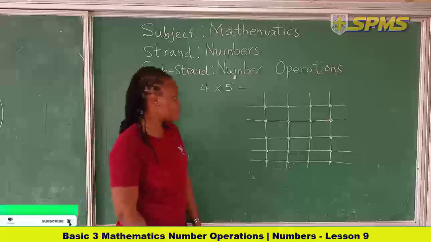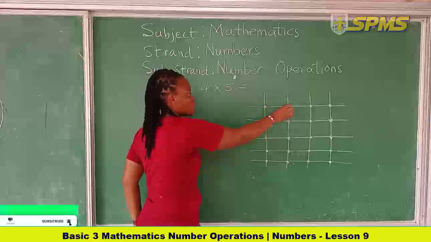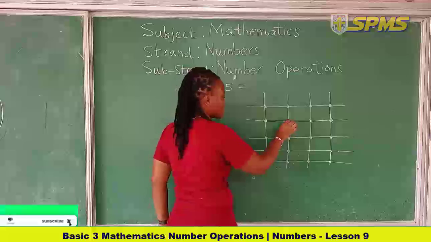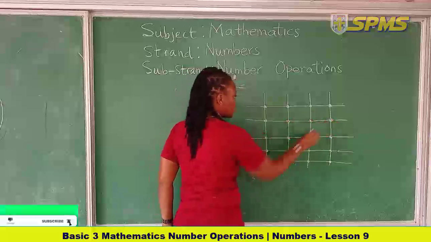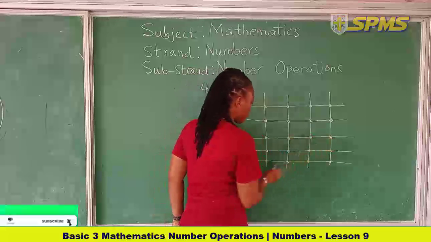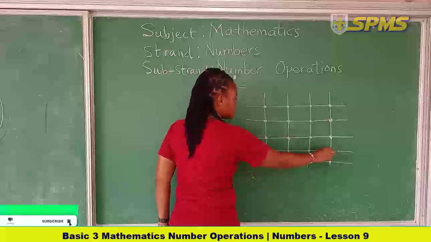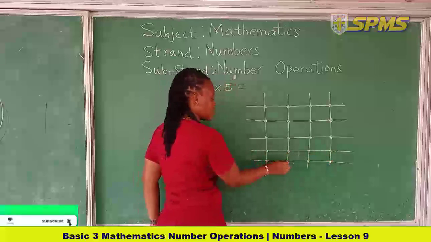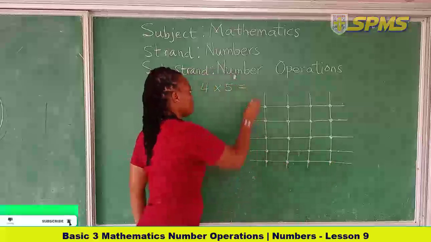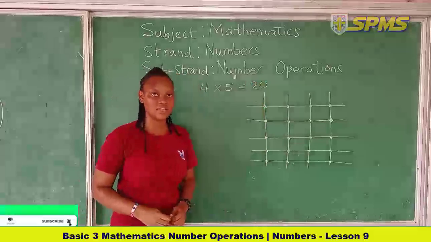Alright, so let us count our intersections. We have 1, 2, 3, 4, 5, 6, 7, 8, 9, 10, 11, 12, 13, 14, 15, 16, 17, 18, 19, 20. Very good. So we have 20 as our answer.